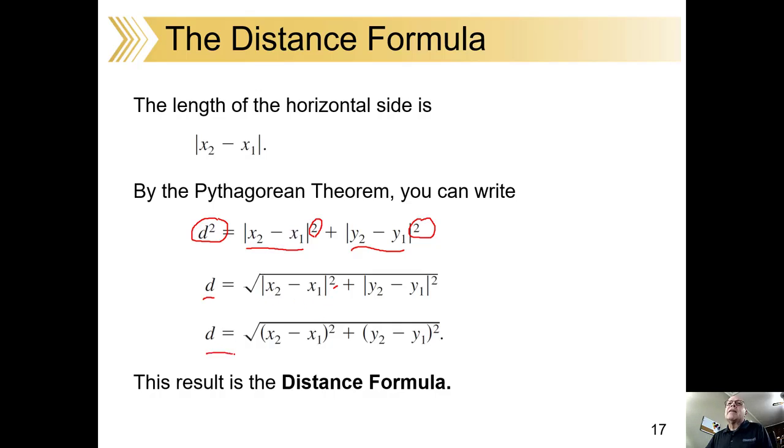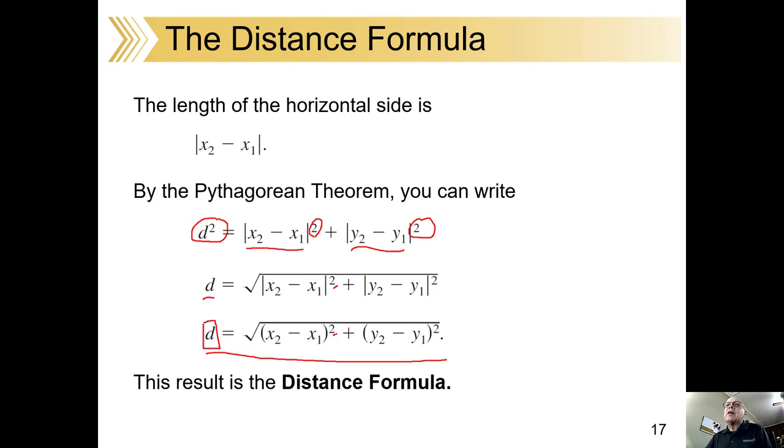So this is the distance formula. Take particular note. This is the distance from one point to the other. Inside the square root, remember the square root, you're going to subtract the x values. How far is it horizontally from one point to the other?